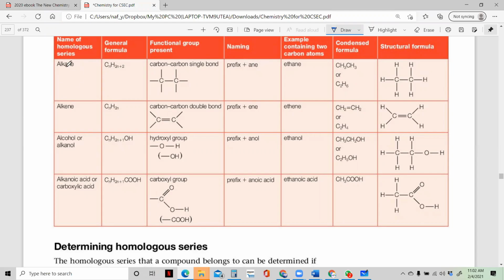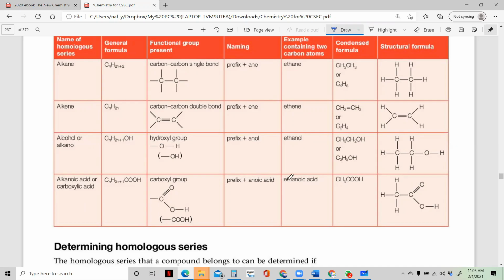So for alkanes, my ending is A-N-E. For alkenes, my family ending name is E-N-E or EN. Alcohols, I have anol. So all of them are going to end with anol. My carboxylic acids all will end with anoic.